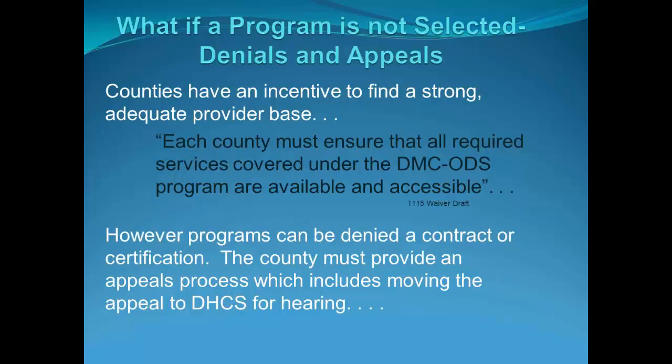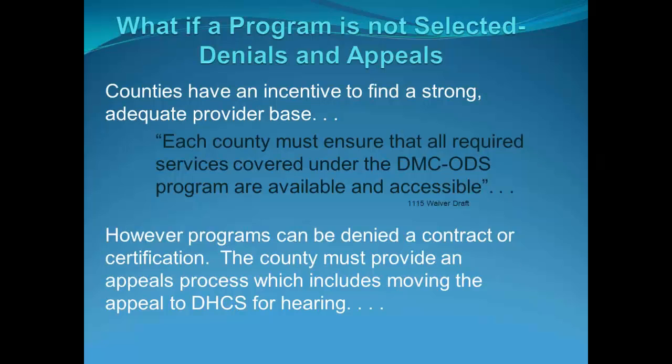Let's say we had enough for-profits and we really want to have a nonprofit do this. That would not be an acceptable reason. But if you do denials, you have to have in your policies and procedures about selection a process that you will hear an appeal if someone's not selected.